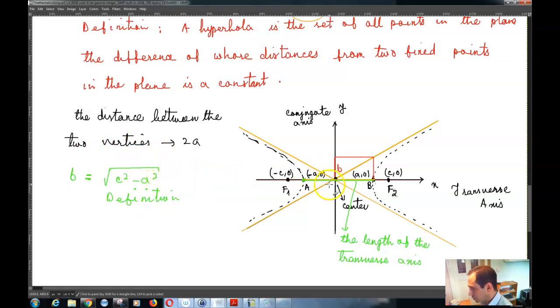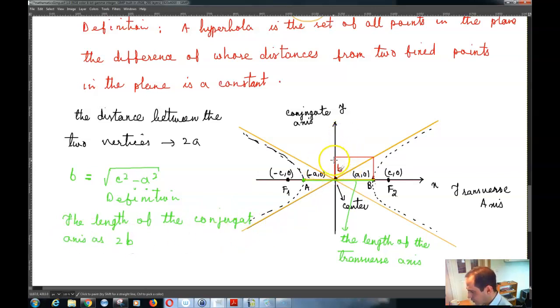And so basically, if I assume that this length over here is b, then they have defined the length of the conjugate axis as 2b.